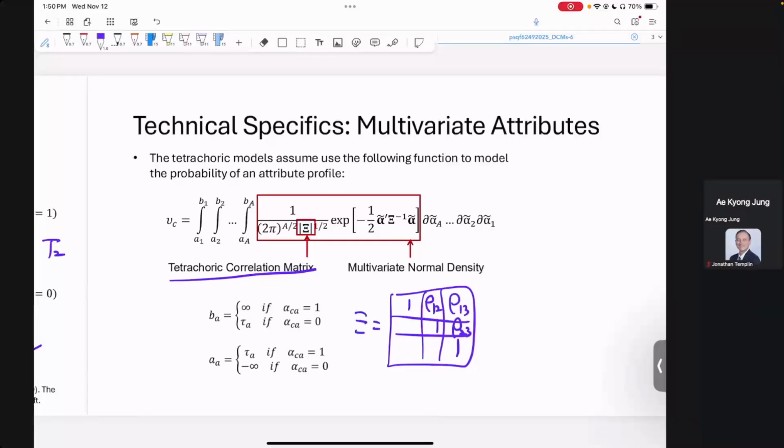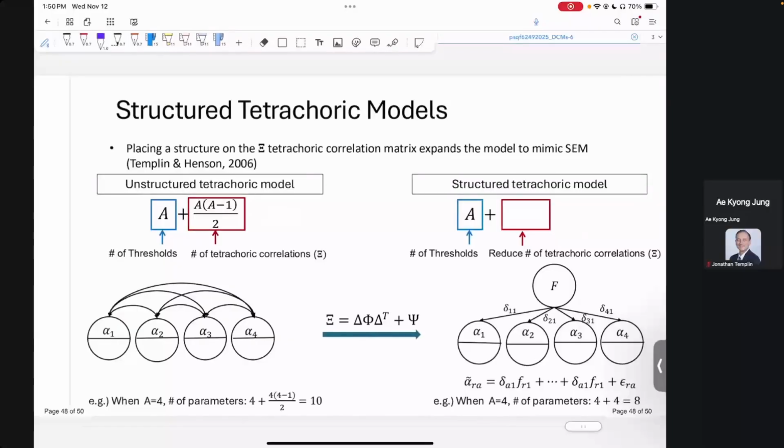That is a tetrachoric matrix. And also, before we said we need to estimate the threshold. So we will get a threshold for each attribute. So 3 thresholds. That was the unstructured tetrachoric model.